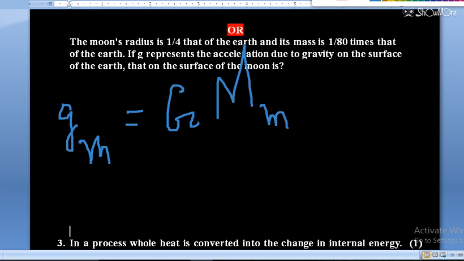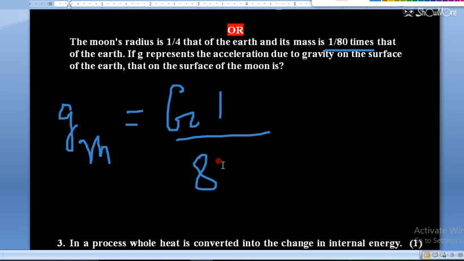So in place of mass of moon, can I write here 1 by 80 times the mass of earth? Obviously. Then in the denominator I have to put radius of moon.